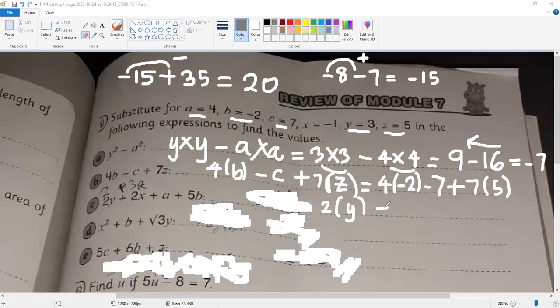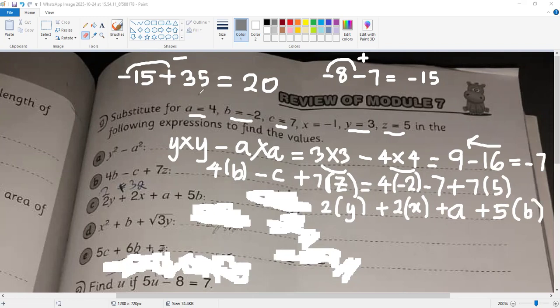I have plus 2 times x. I'm using a bracket, right? So it still can be used interchangeably with times. And then plus 5 times b, or 5 bracket b.